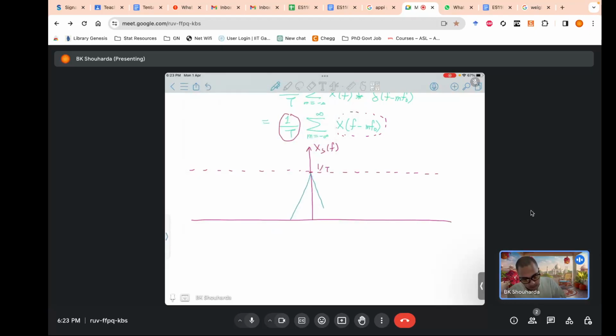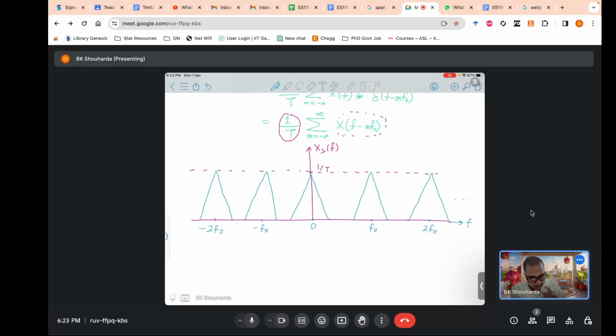So let's say we have one copy for m equal to 0, a copy for m equal to 1, a copy for m equal to 2, and so on. And here a copy for m equal to minus 1, a copy for m equal to minus 2, and so on. Alright, this is centered at 0, this centered at f naught, this centered at 2 f naught, this is centered at minus f naught, this is centered at minus 2 f naught.